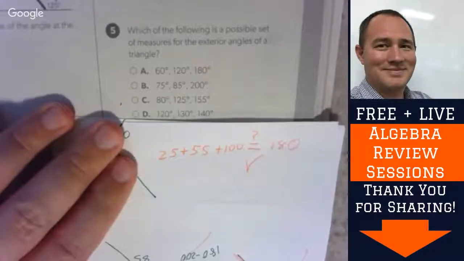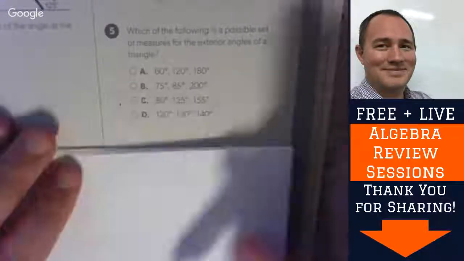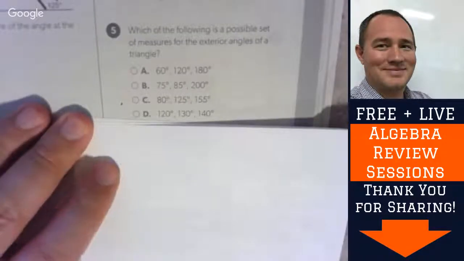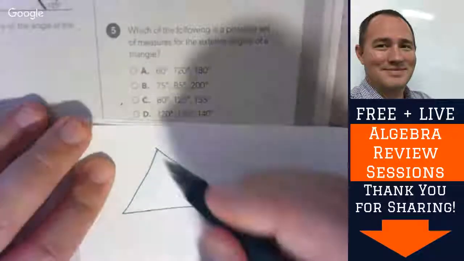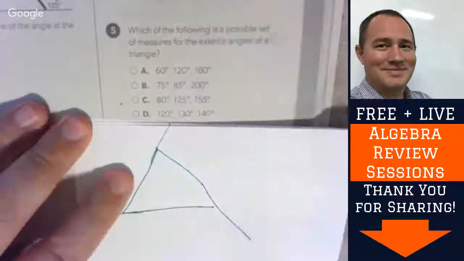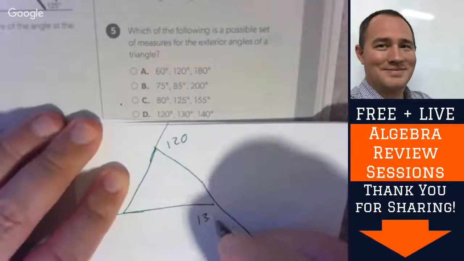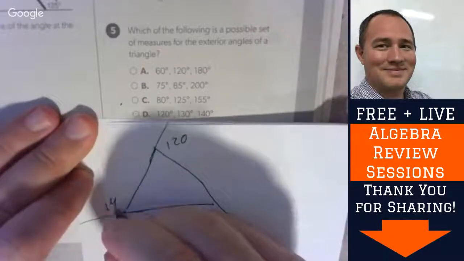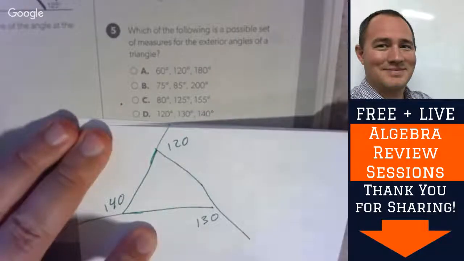What do we think about D? Let's try D just to see if there's multiple solutions. Okay, so if we have 120, 130, and 140, let's see what this might end up looking like.